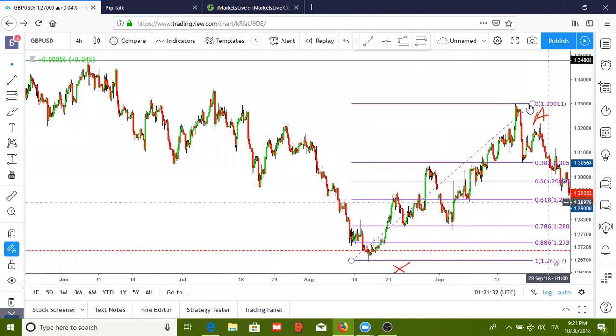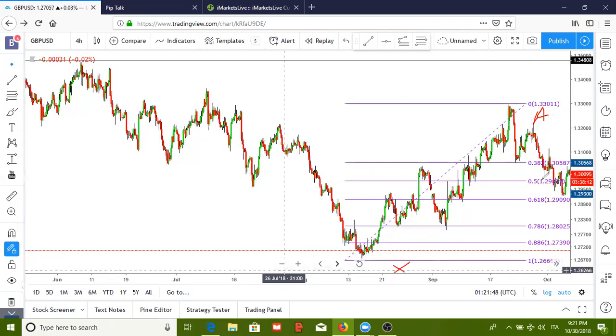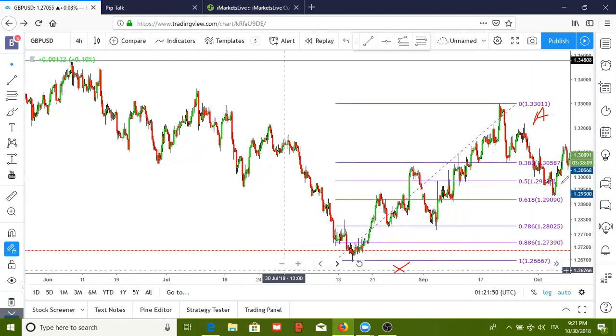Now the thing is that if price comes down and touches 61.8, then that makes this bat pattern invalid, and then I'm looking for a Gartley pattern. Price never came down to hit the 61.8. It fell just a little bit shy of it, and then it started to pull back. So in my mind right now, I'm like, okay, cool. I'm looking for a bat pattern.